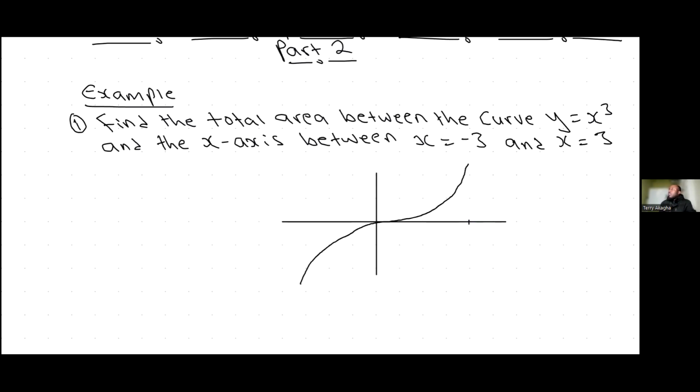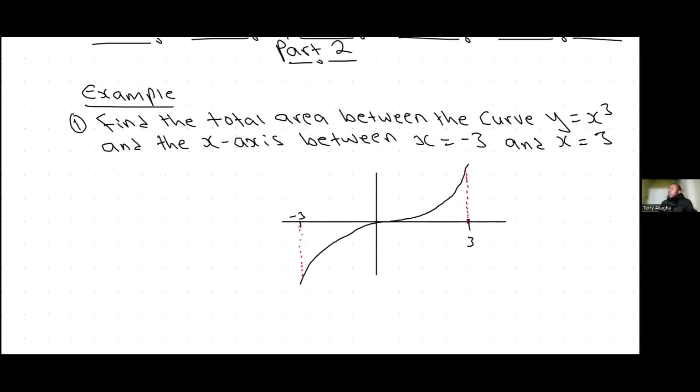So we're interested between x is equal to 3, let's assume this part here is 3, and let's assume this part here is -3. So we're interested between x is equal to 3, this part here, and -3, this part here.